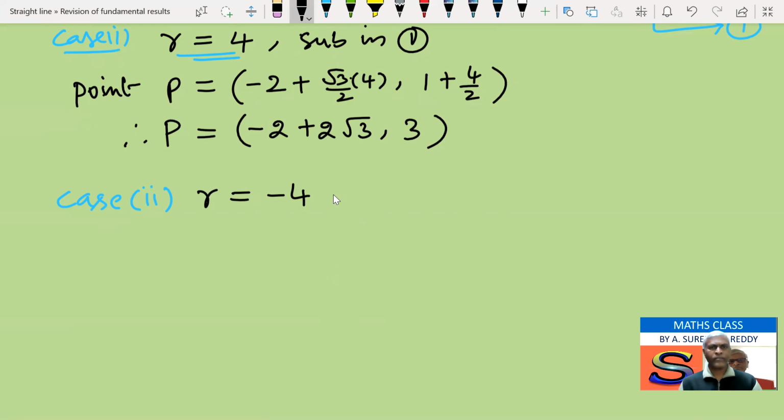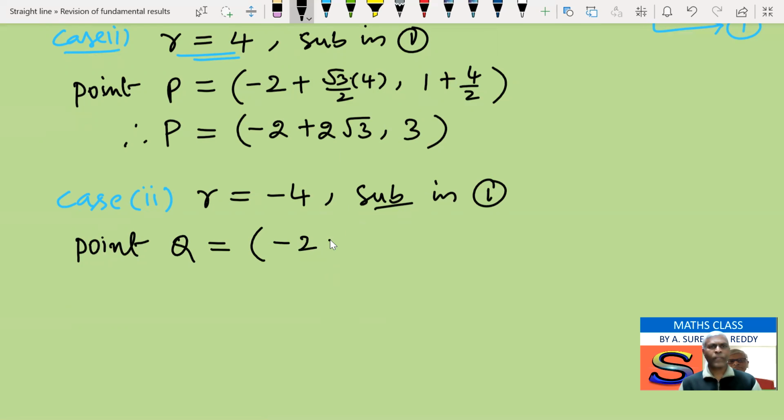And substituting in 1, we get the another point, let us call it as Q. So minus 2 plus root 3 by 2 times minus 4, 1 plus minus 4 by 2.